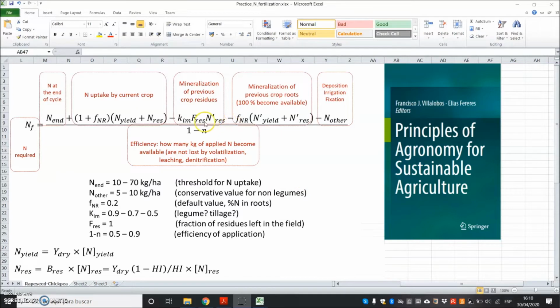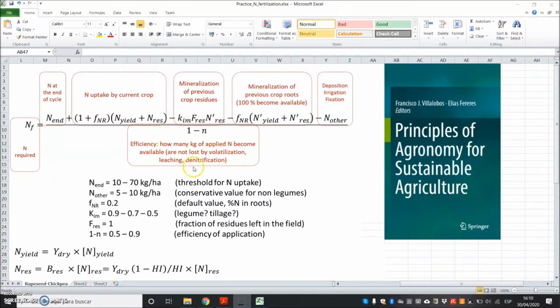Finally, we have a final term, which is 1 less N, which represents the efficiency of the application of nitrogen fertilizers. And this difference will be accounted by losses of nitrogen as a result of volatilization, leaching, or denitrification.